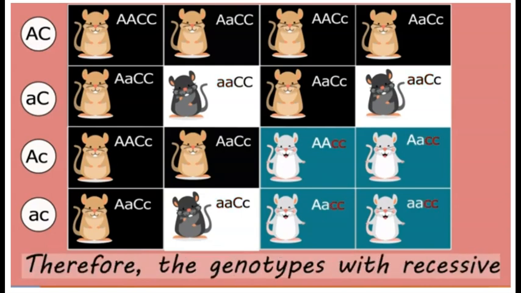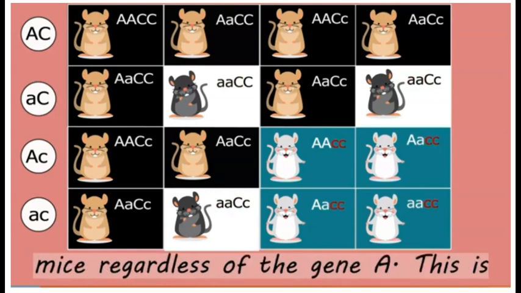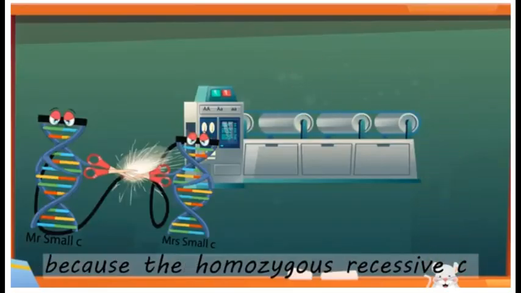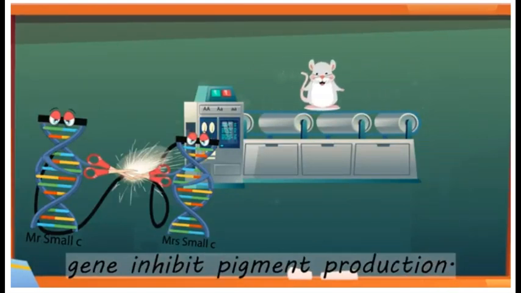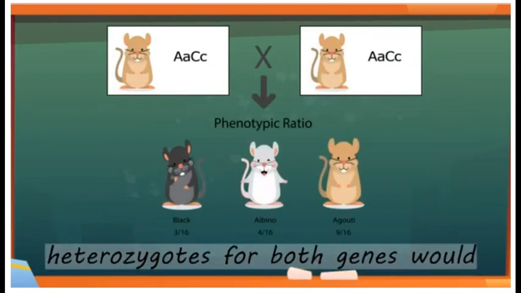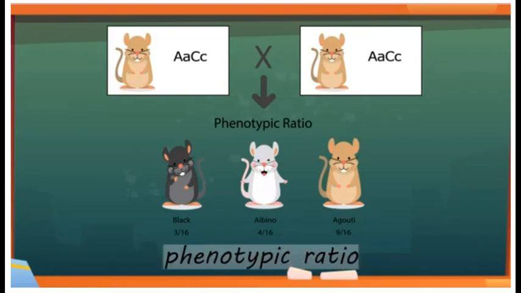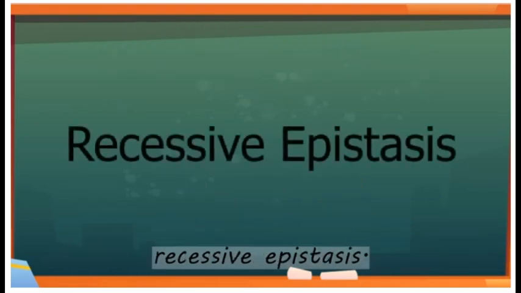Therefore, the genotypes with recessive homozygous C gene will produce albino mice regardless of the gene A. This is because the homozygous recessive C gene inhibits pigment production. According to that, a cross between heterozygotes for both genes would generate offspring with this phenotypic ratio. This phenomenon is known as recessive epistasis.